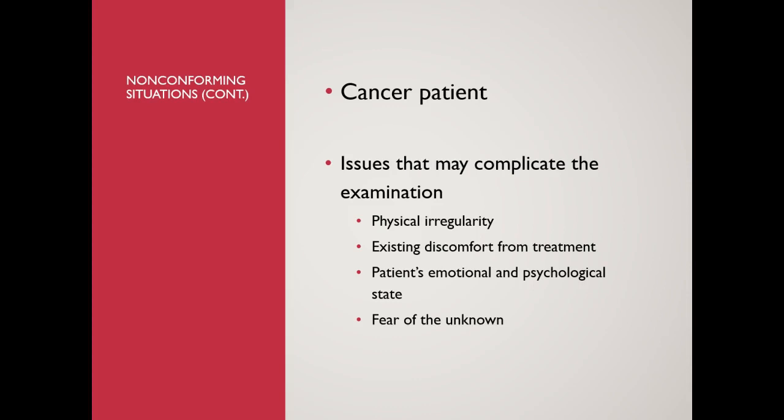You're going to have cancer patients that come in, and they're going to have issues that complicate the examination. They're going to have physical irregularity. A lot of times these patients have had not only their surgery, they've also had radiation to the breast. It changes the shape of the breast because of the surgery. It changes the texture of the breast tissue because of the radiation, depending on what part of their therapy they're in.